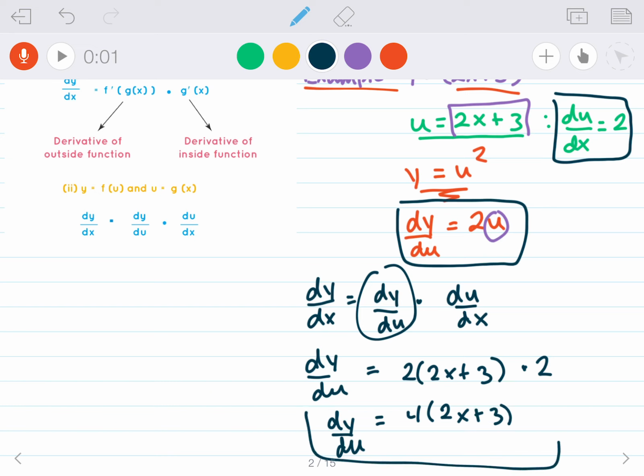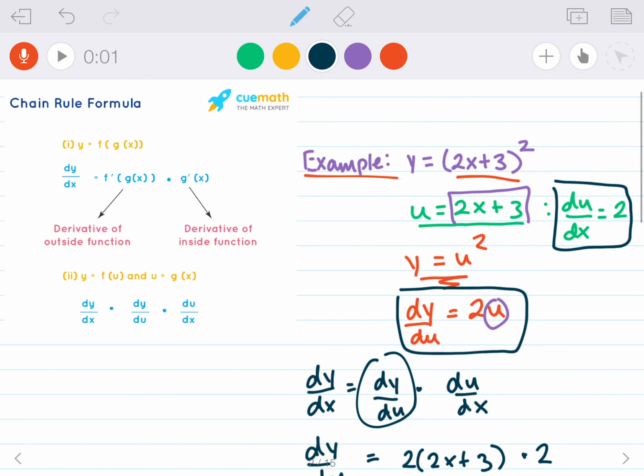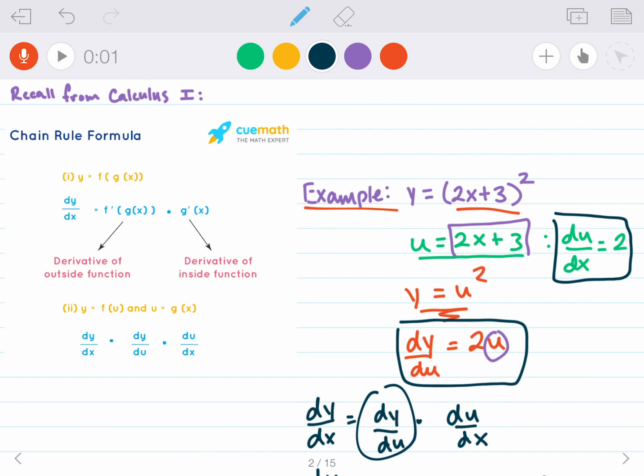So what's the purpose of the chain rule? Well, the purpose of the chain rule is if you're trying to differentiate a function y with respect to x, we came up with a way to link x and y together through intermediate derivatives, right? We said, well, u is a new function in terms of x, and u is equal to 2x plus 3.